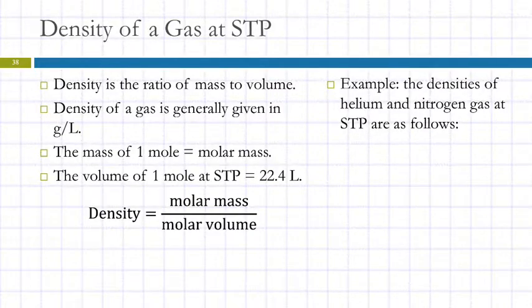So if the volume's the same but the mass is different, then the density is going to be different. Remember that density is the ratio of mass to volume. We usually express the density of gas in grams per liter instead of grams per milliliter because they're so much less dense, and so grams per liter gives us a nicer number.